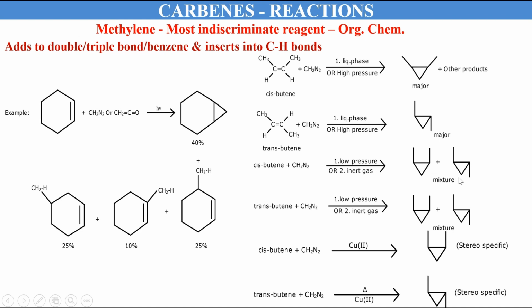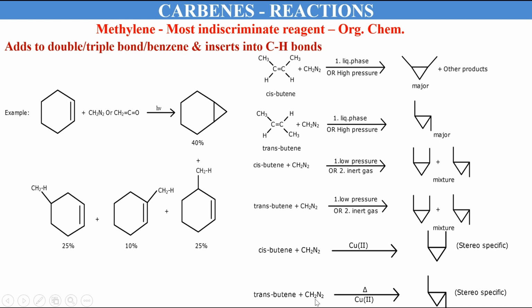When I use a transition metal like copper, if I take cis-butene and treat it with diazomethane in the presence of cuprous ions, it gives specifically the product with its original configuration.